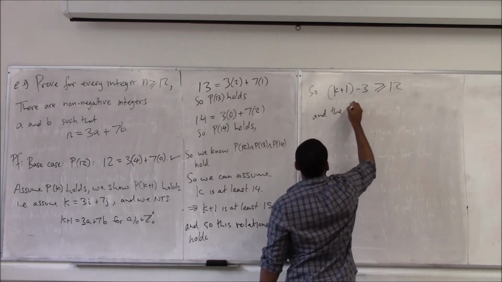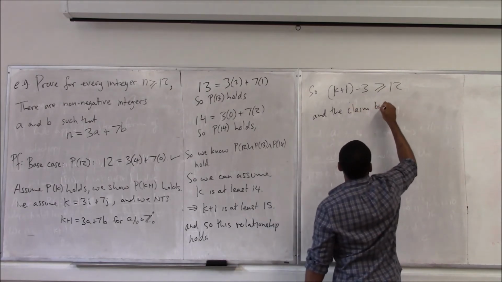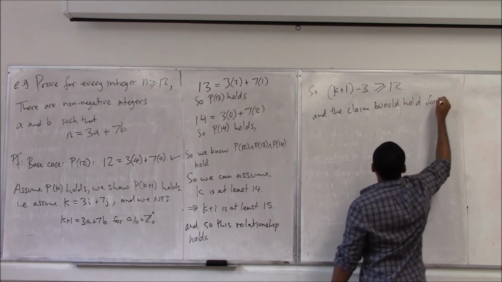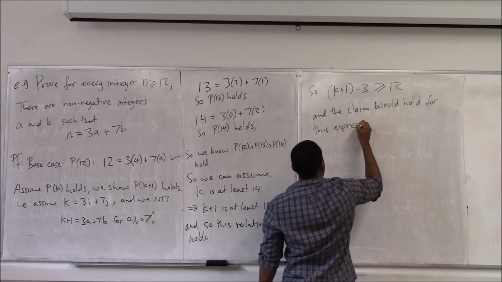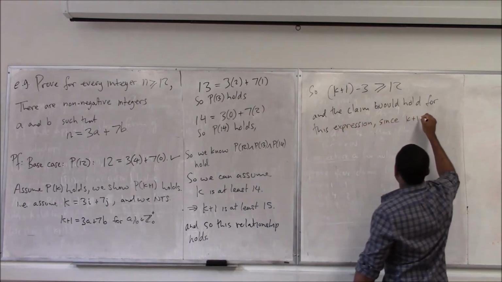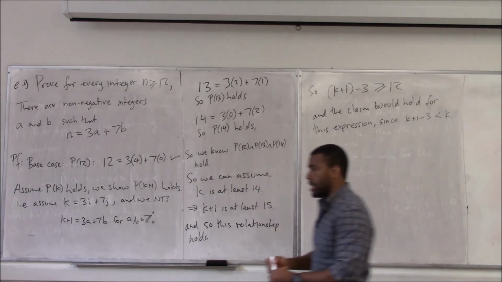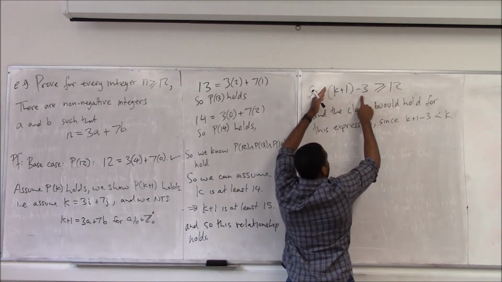And the claim would hold for this expression, since if I take k plus 1 and minus 3, it's actually going to be less than k. Assuming it holds for up to k, it will hold for this expression. This expression will allow me to subtract 3.